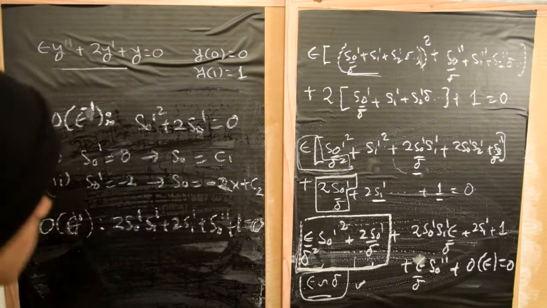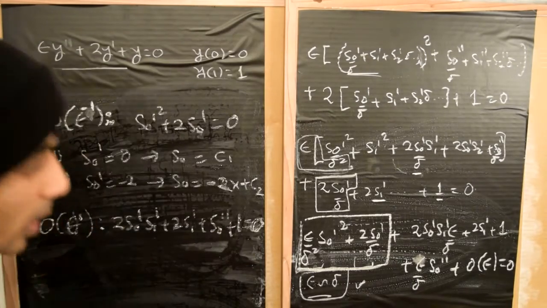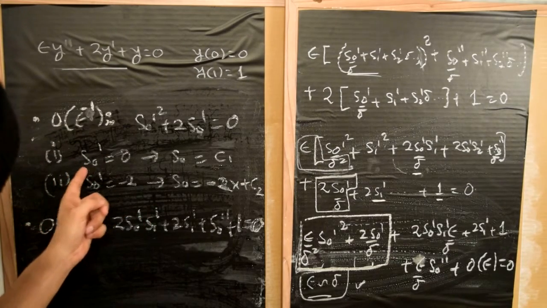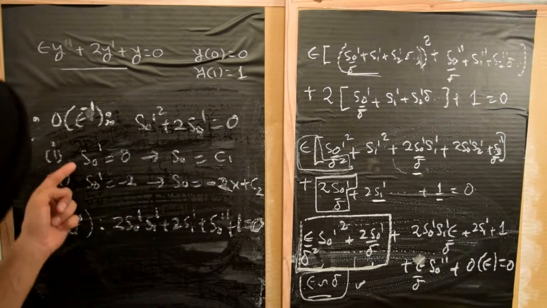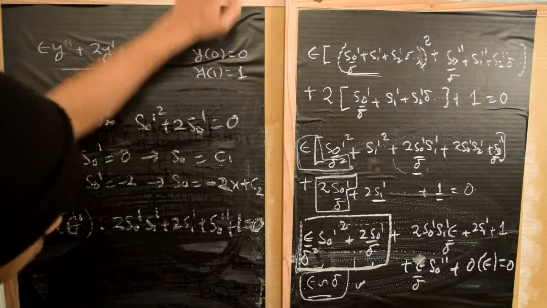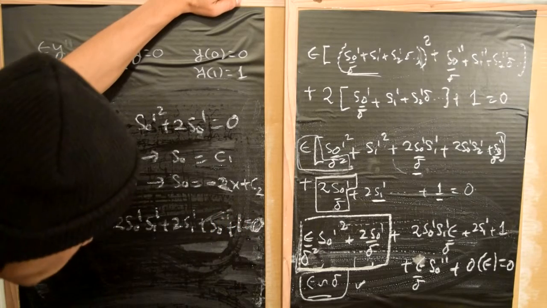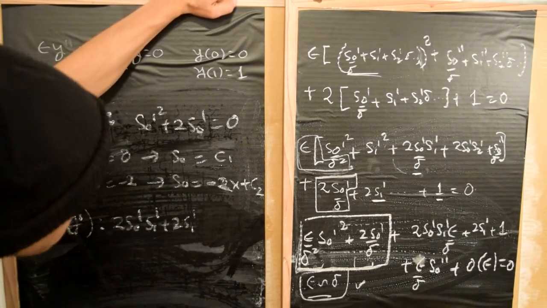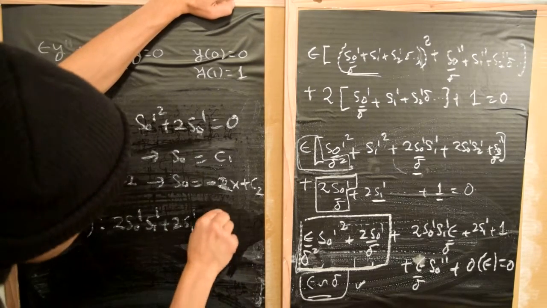Okay. So now we can figure out what s1 primes are. Since s naught prime is constant in both cases, it's either 0 or minus 2, we can get rid of this term s naught double prime because that will always be 0. So we can just write this as plus 1 is 0.